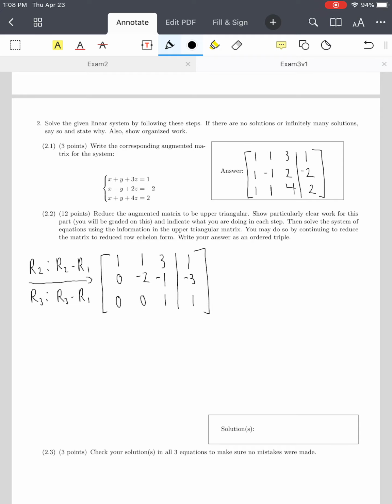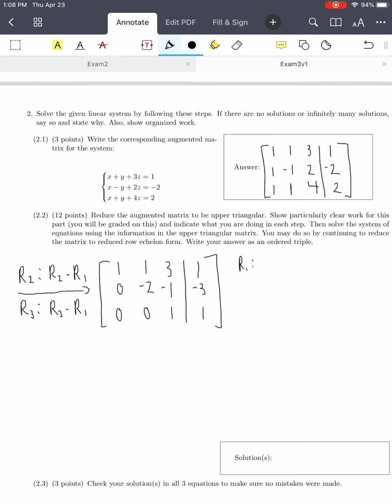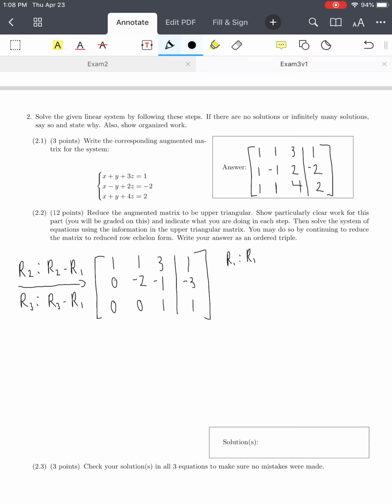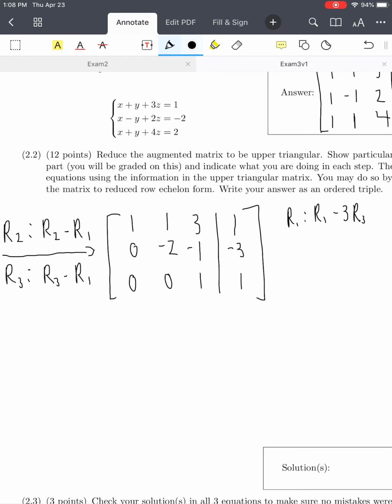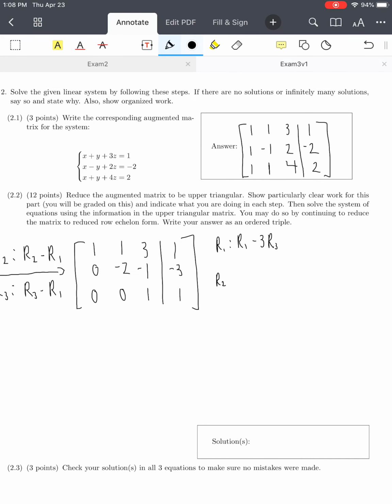So I'm going to change row 1 now. Row 1 is going to be row 1 minus 3 times row 3, and then row 2 is going to be row 2 plus row 3.